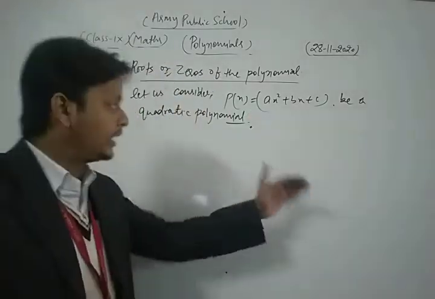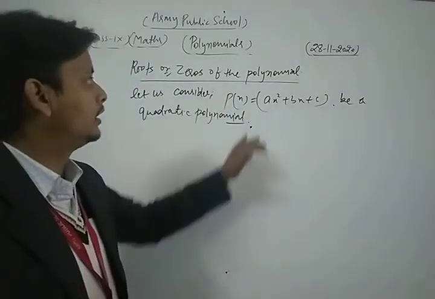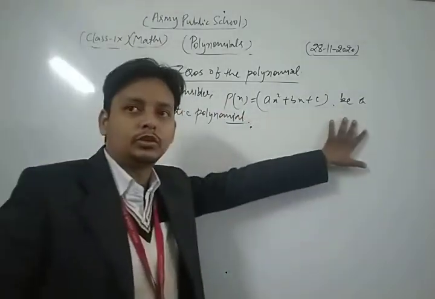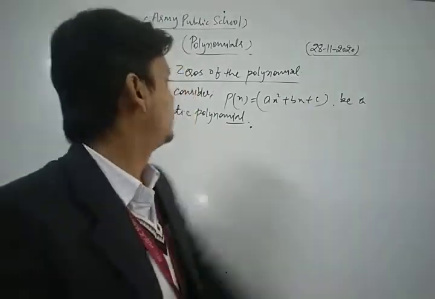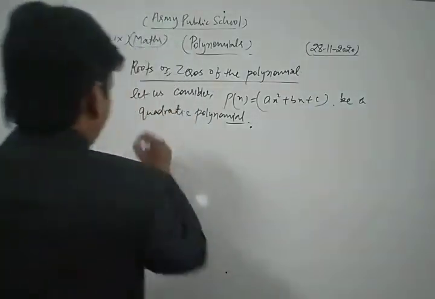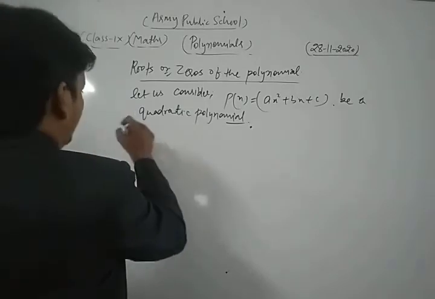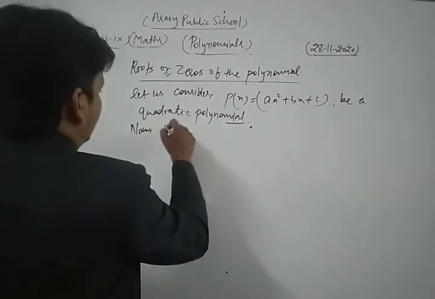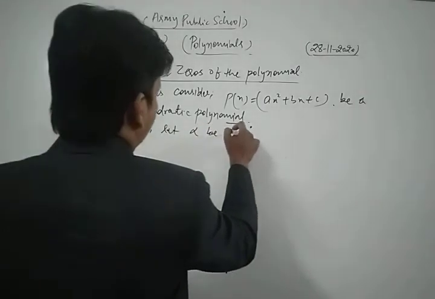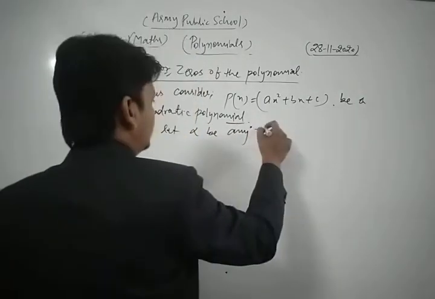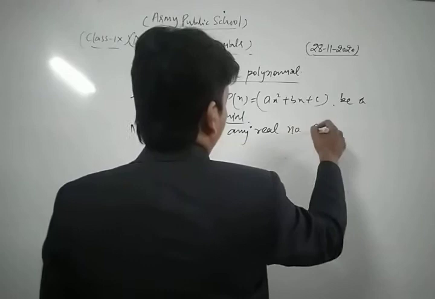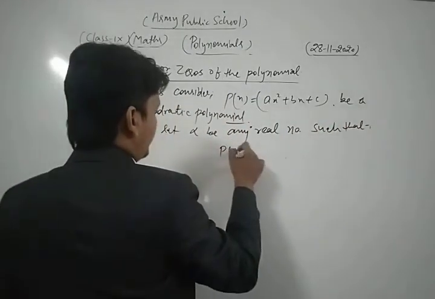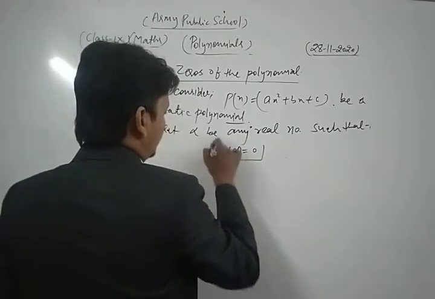If I ask you the concept of zeros and roots of the given polynomial, let us consider p(x) equal to ax square plus bx plus c to be a quadratic polynomial. Now let alpha be any real number such that p of alpha is equal to 0.